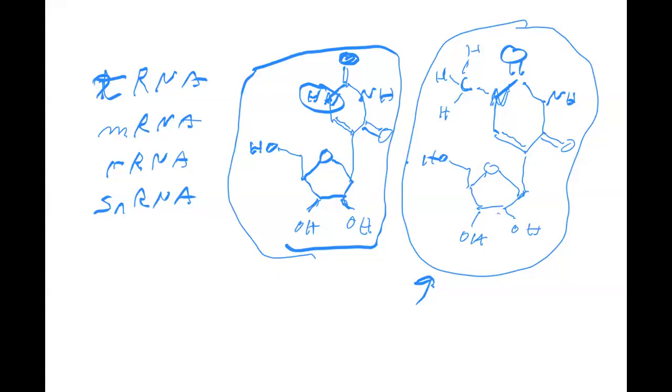First, the body will use uridine, and then there's a post-processing of these, either the transfer RNA, the messenger RNA, the ribosomal RNA, or the small nuclear RNA.